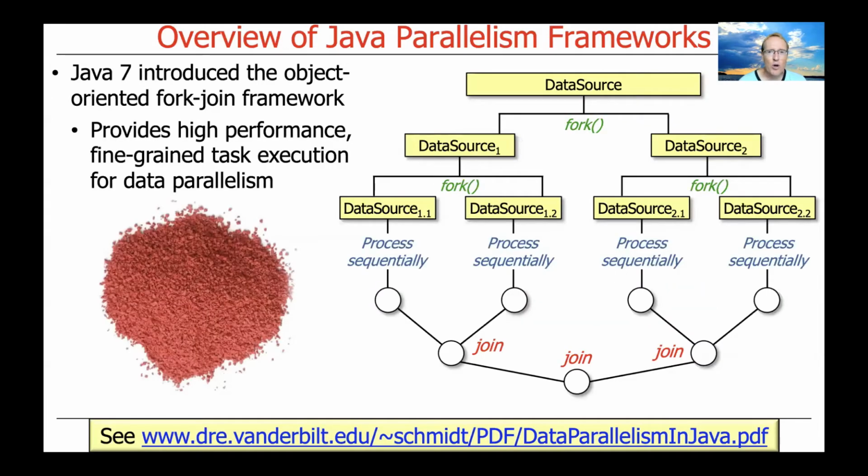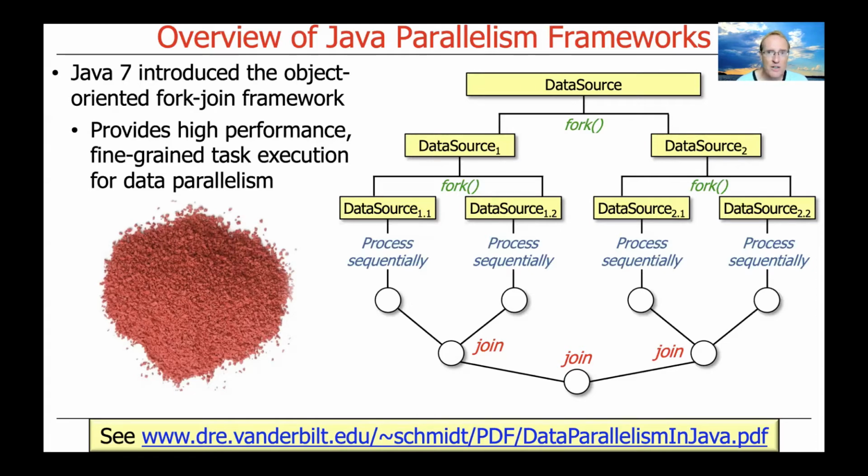And what the fork join framework provides is a high-performance, fine-grained task execution model for data parallelism. And this is essentially the fork join model, which is kind of that split, apply, combine model we talked about earlier when we talked about the concepts of parallel processing.